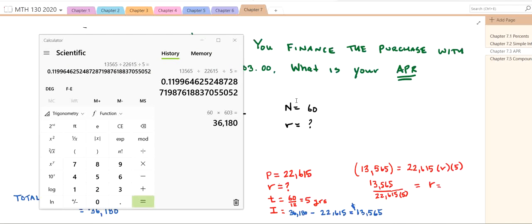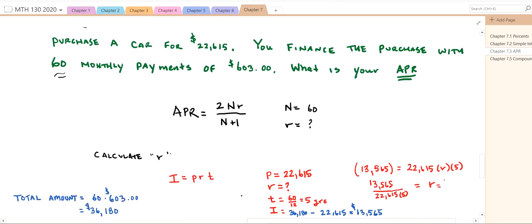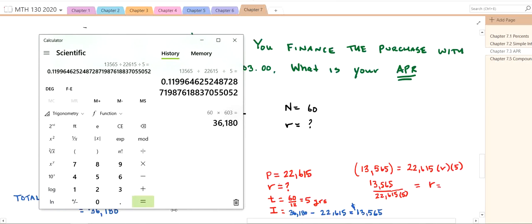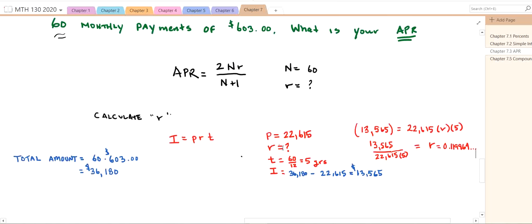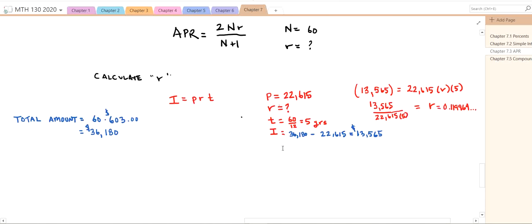And here's my calculation. I get for R 0.119964, and it keeps going. Now I'm going to leave that number in the calculator because we're going to need it again. So this is what R is.